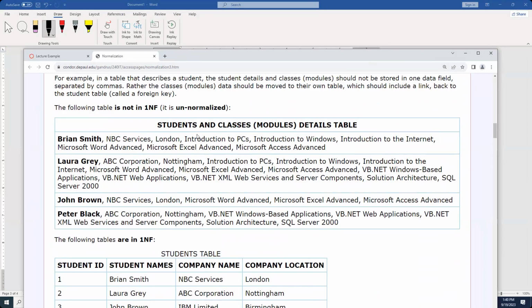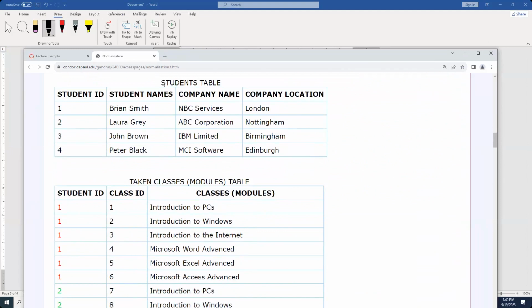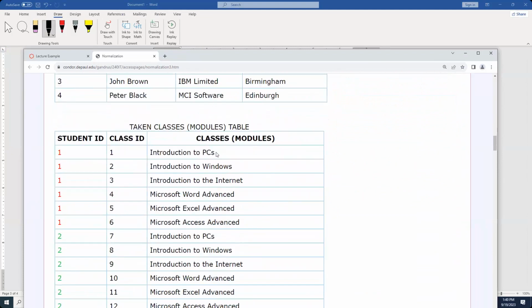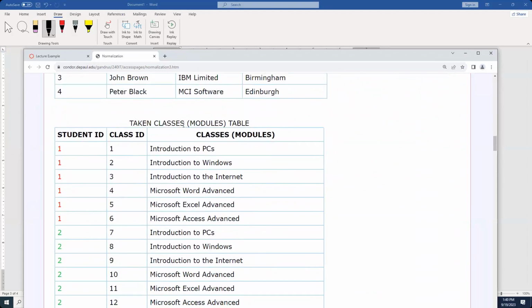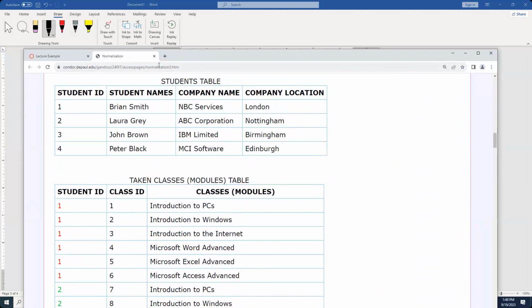So what do you do instead? You break that down into 2 tables: a student table and an enrollment table. They call this a taken class table. For the student, we give them a student ID. That's one thing that it didn't have in the original. So student ID of 1, 2, 3, 4.